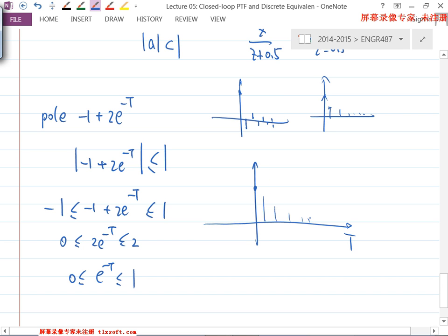And you're not going to get a negative, right? So the condition I just wrote here is actually a natural condition, right? It's naturally satisfied. In other words, the pole for this system is always less than 1. So it doesn't matter what sampling time you choose. You always have a stable system, basically.